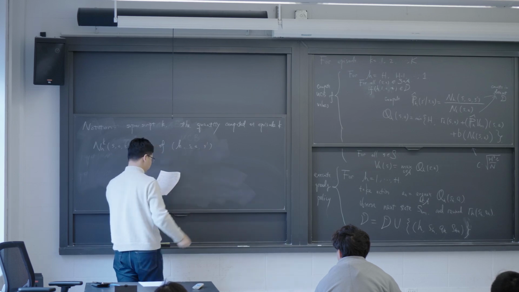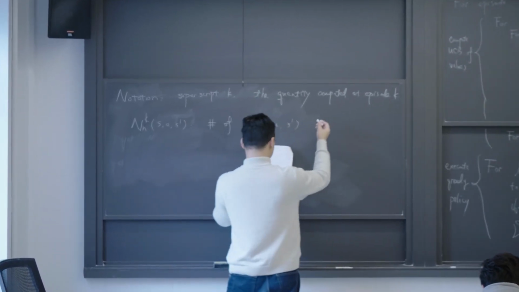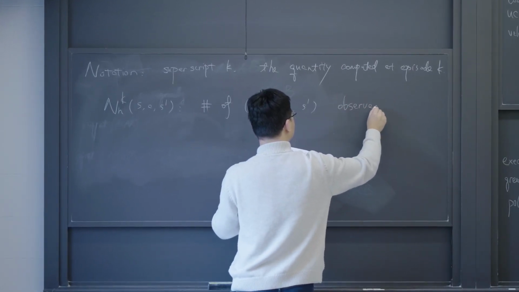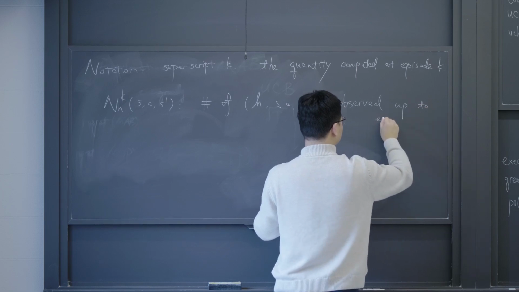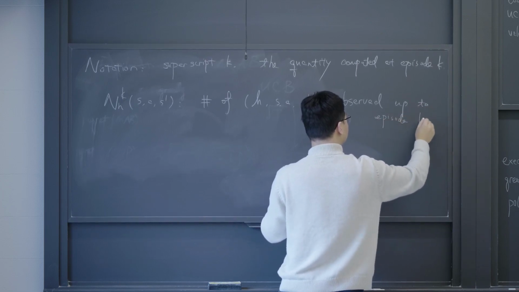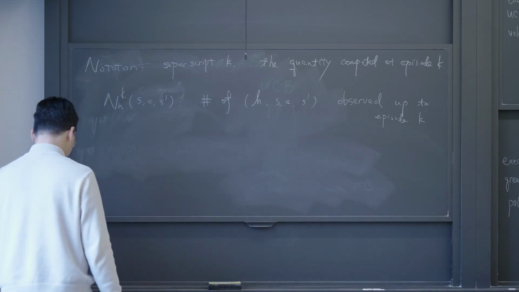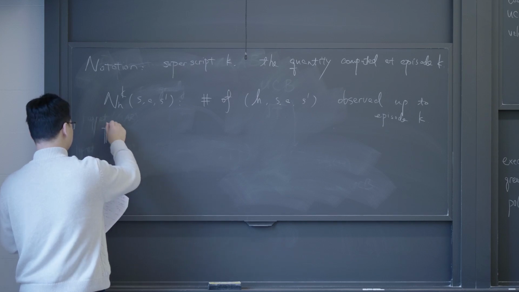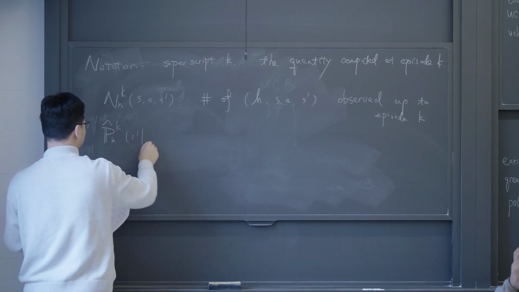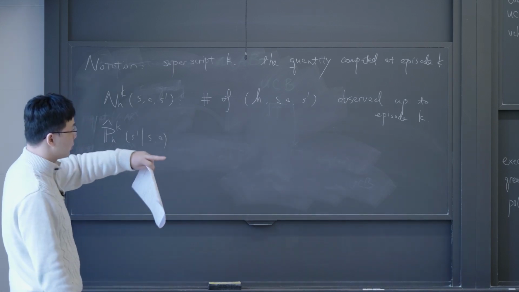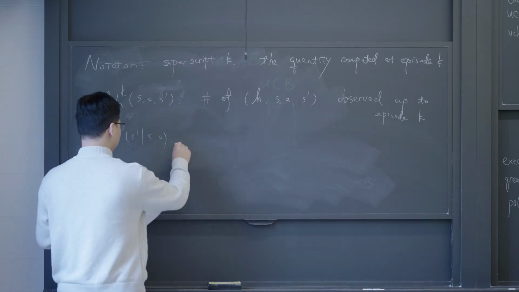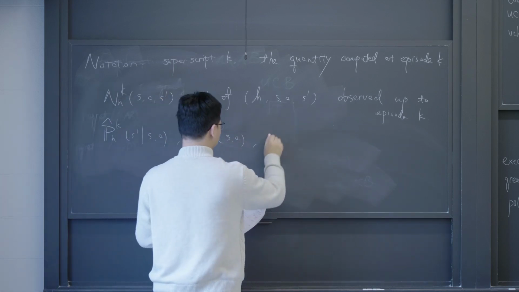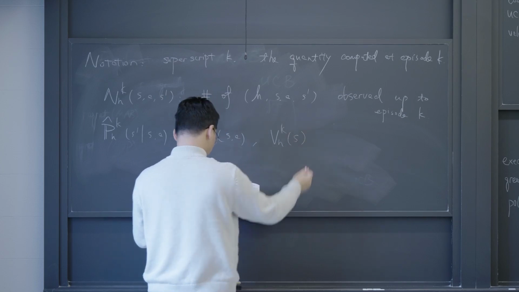(h,s,a,s') observed up to episode k. And similarly, we will also use P_h^k hat (s'|s,a), denoting the empirical transition matrix we computed at episode k, and the Q value at episode k, V value at episode k. Essentially, we will just denote those notations.